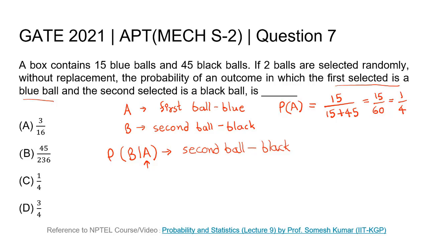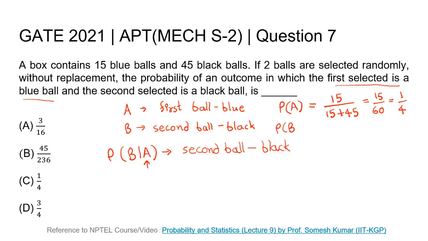Because there were 15 blue balls in the box and total 60 balls, so if we select a ball randomly, so from the total 60 possibilities, there are 15 possibilities that that ball can be a blue ball. So that's why it is 15 divided by 60.